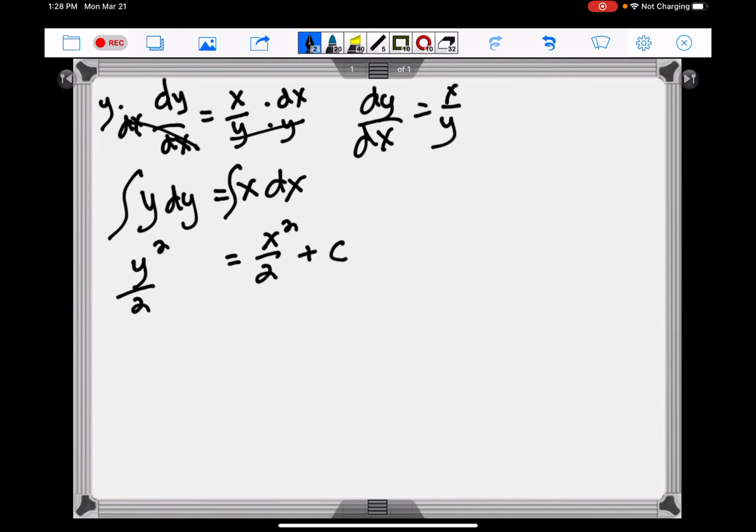I just need one. And since in the end, I'm gonna be trying to get the y alone, I would always want to put the c on the x side. I don't want to put more by the y if I'm going to try and isolate the y eventually. Does that make sense? Okay. So you never need a plus c on the y side as long as you have one on the x side. It counts for both.